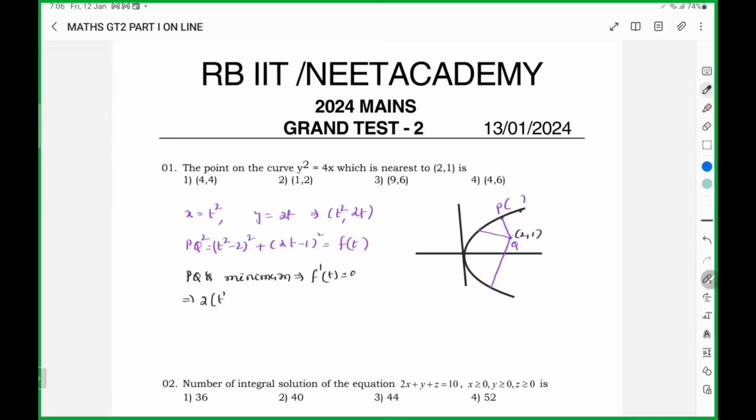2 times (t square minus 2) into 2t, plus 2 times (2t minus 1) into 2 is 0. That gives t cube minus 2t plus 2t minus 1, so t cube is 1.